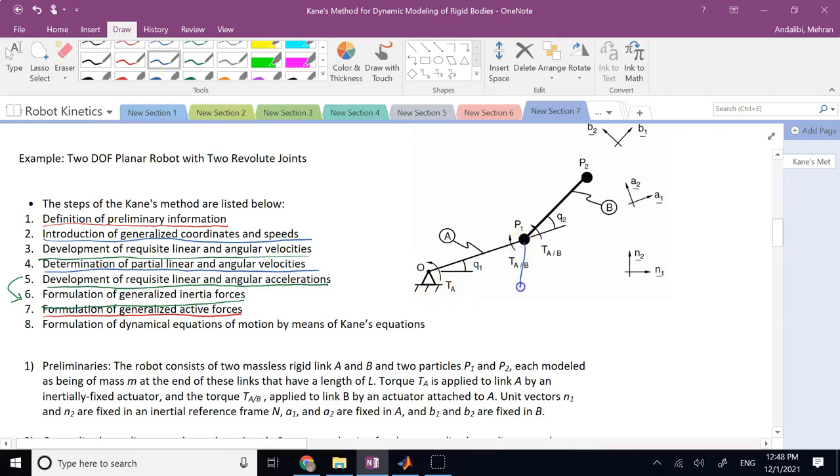As well, we had these MGs. We learned that there are two forces. If I look at the free body diagram of the entire robot, there are two forces at O as well, OX and OY, but they are not active forces. They are applied to a stationary point. That point does not have a velocity. So those two we can exclude from our calculations and formulations. These two mg's, if I want to write them in terms of the unit vectors, they are definitely negative mg times n2 direction, correct?